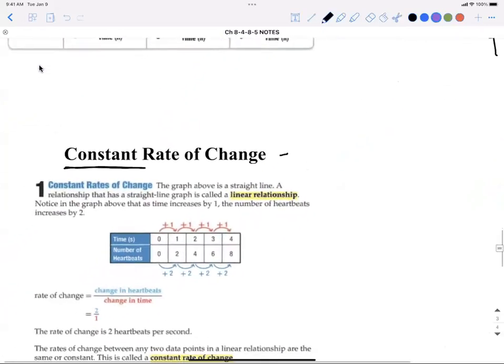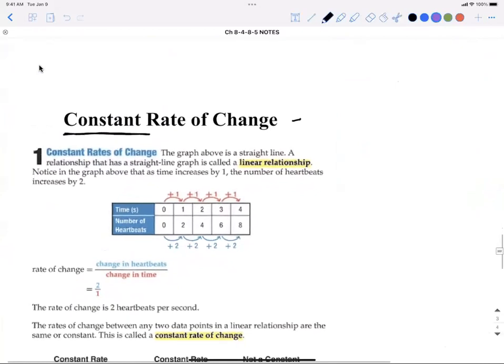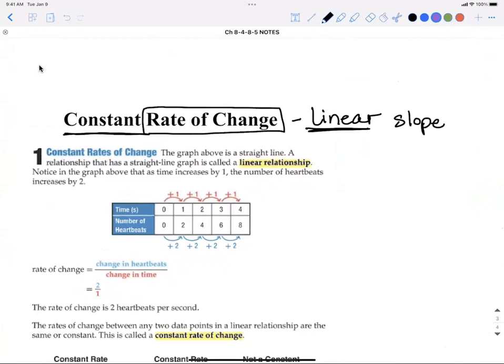All right, so your constant rate of change, I want you to put linear because that's what constant means. Constant means linear. And so your constant linear change is your linear slope because we already talked about earlier that rate of change, right here, means slope.